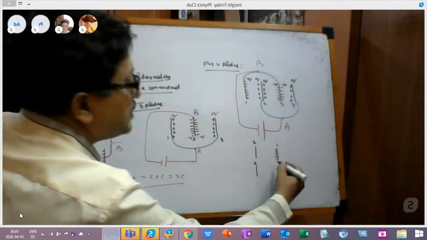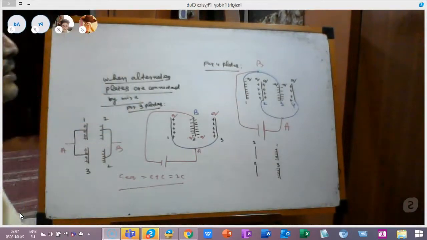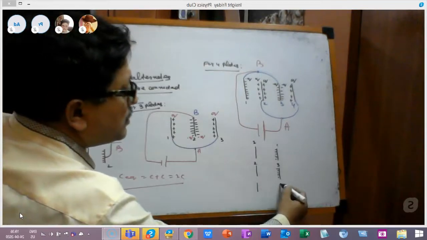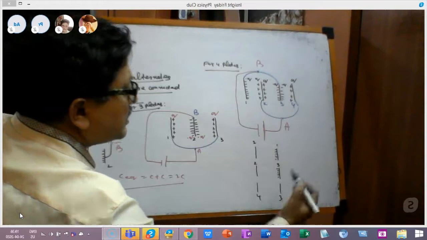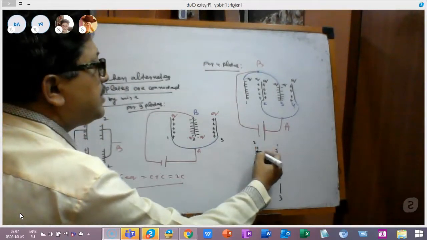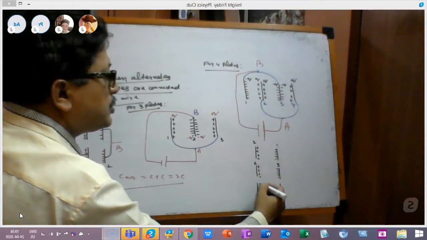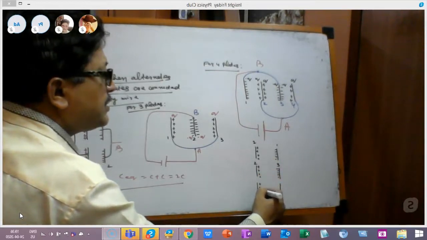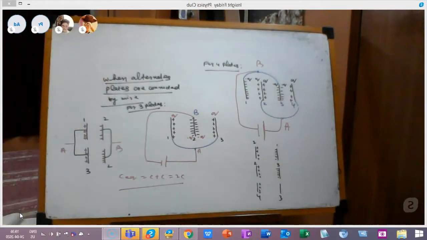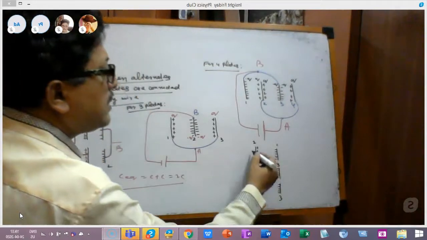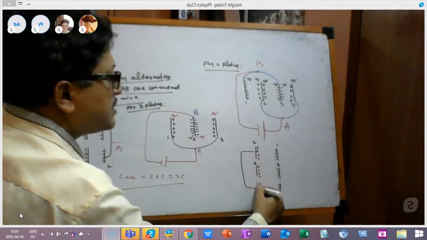Okay, this part is 3. 3 and 1 are joined, and again 2 and 4 are also joined, and 4 and 3 are sharing. So this is 4 and this is 3. This I think all of you understand. Plate 2 has 2 positions because it is sharing with plate 3 once and plate 1 once, and these are negative charges, and the situation is like this.